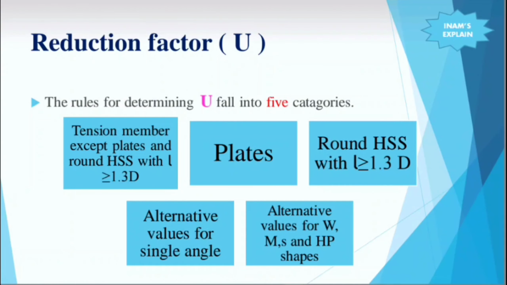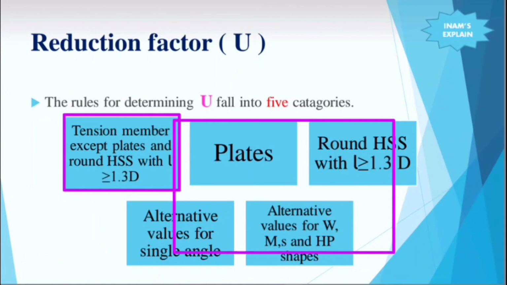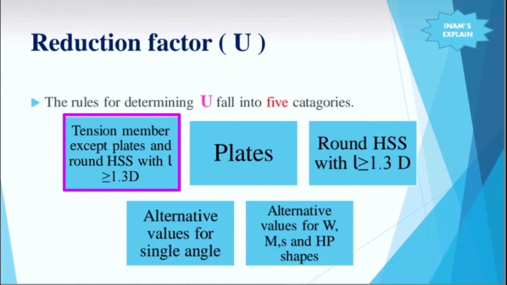So all the connected members, meaning single angle, double angle, W shape, S shape, except plates, meaning rectangular flat bar, and the hollow structural section, with connection length greater than or equal to 1.3 times. How we find U for this, we will cover in this lecture. The remaining four categories we will cover in the next lecture.